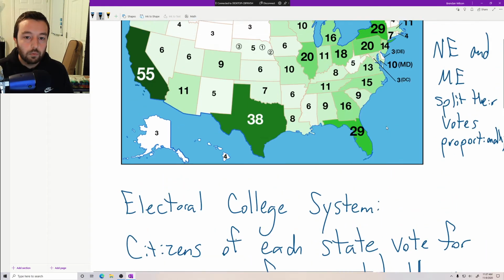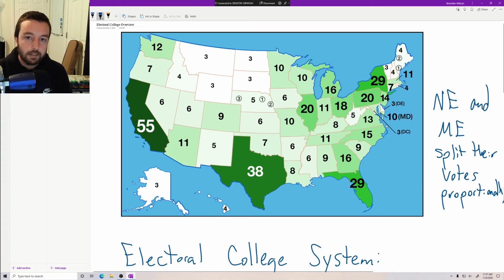Now, our country basically has a two-party system at this point, meaning only Republicans or Democrats are typically getting electoral college votes. It's been a long time since another party got any votes. But if a candidate does not reach 270, or if it's a different number, because the number of votes has changed throughout history, then the House of Representatives would pick the next president instead.